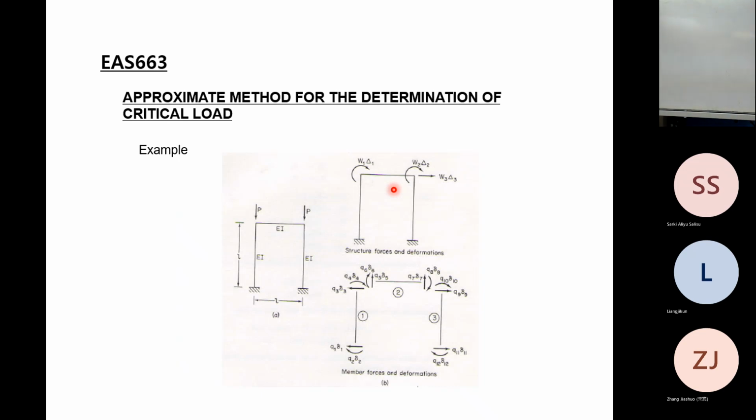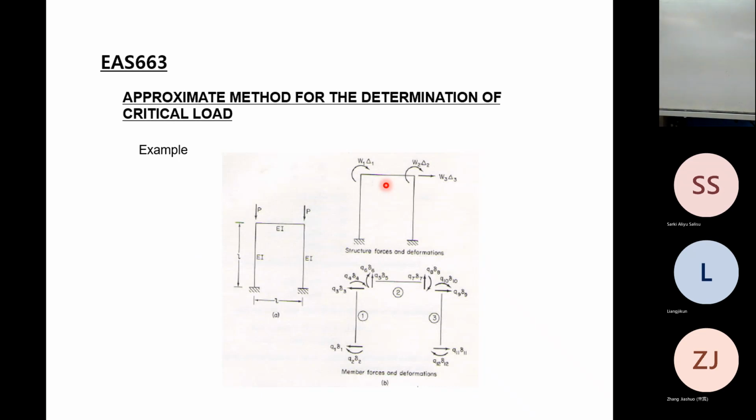Here you have the structure stiffness, structure level displacement, and also the nodal forces. So here we use W to represent the structure level forces, the loading, and capital delta to represent the structure displacement. So structure displacement has 3.